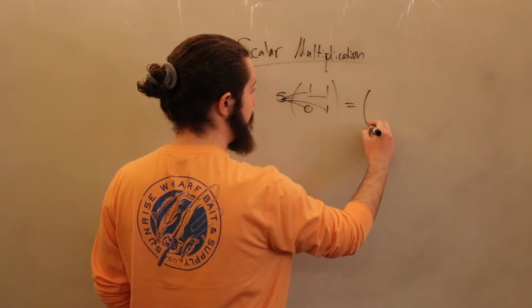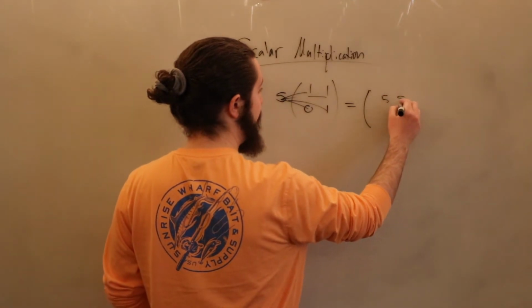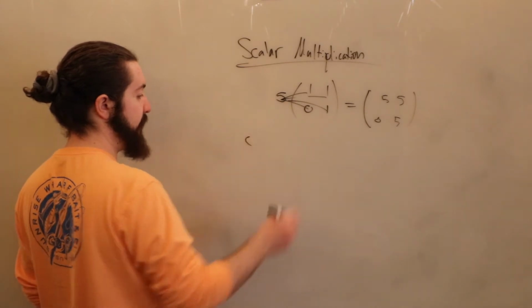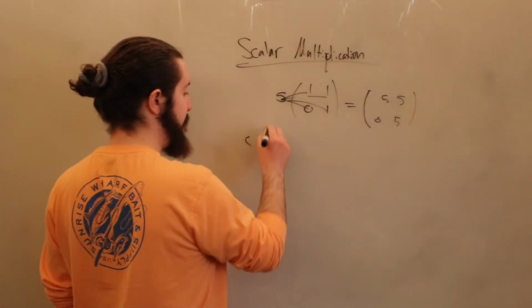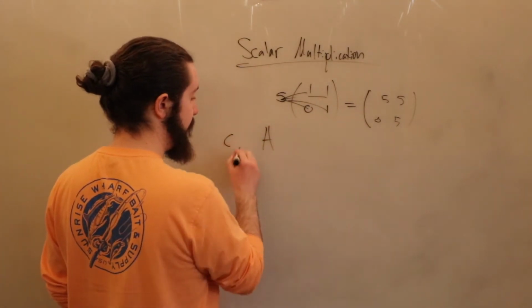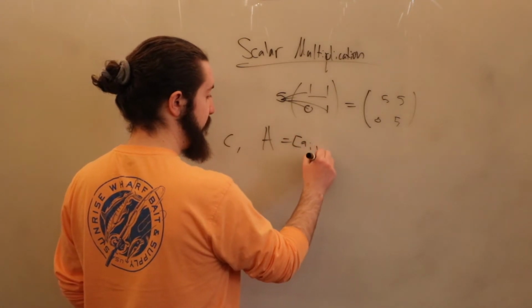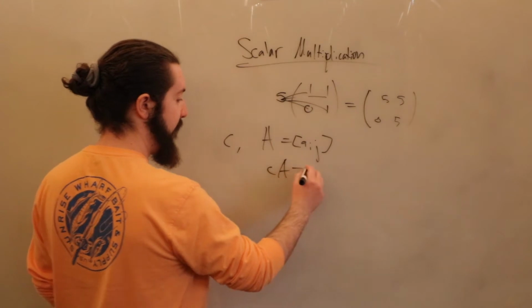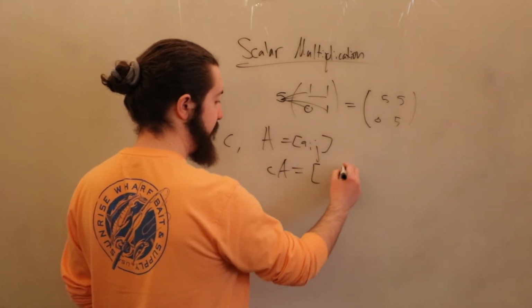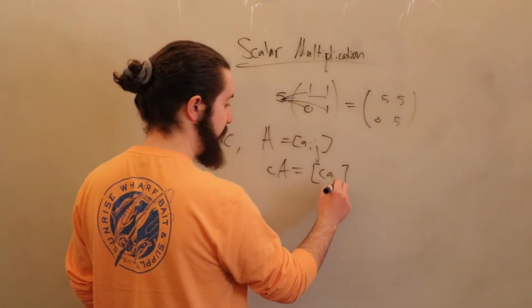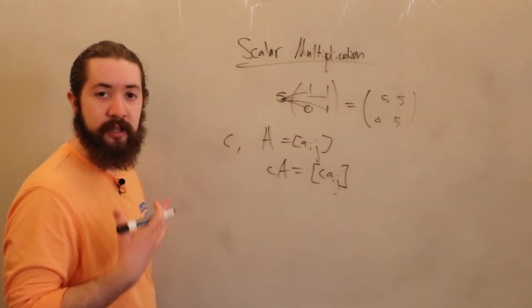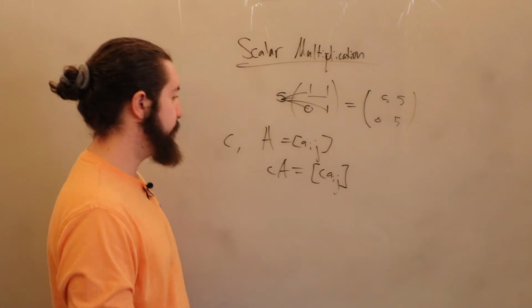So this would be equal to [5, 5; 0, 5]. And in general, if you have a constant C and a matrix A given by this generic element, then the product CA is another matrix which is given by C times A sub ij. Each element is multiplied by the number C, whatever that is.